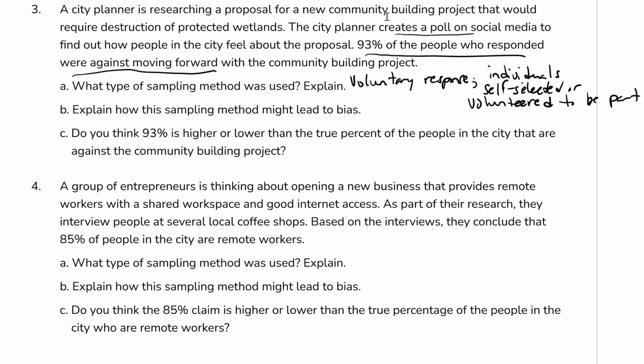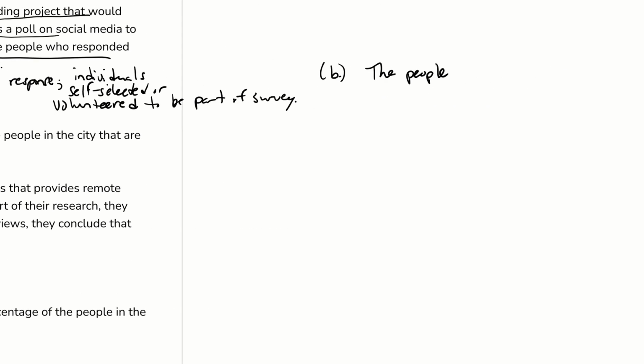But it says here that the project will require destruction of protected wetlands. So who are the people that are likely to respond? Well, the people that are likely to respond are those that feel strongly about the environment. So they feel strongly about the destruction of the protected wetlands, so they're going to want to move against this proposal.